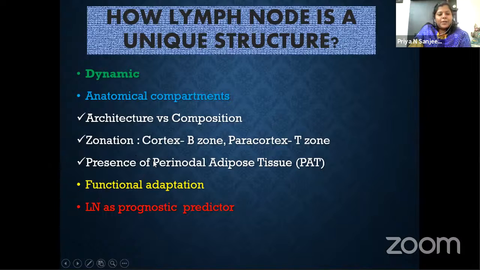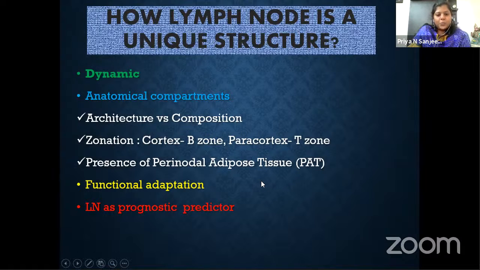There is adipose tissue around the lymph node. Why is that? Is it site specific to a lymph node, or does it enhance the immunity of the lymph node? Let's understand that in a while. Then coming to the functional adaptation of the lymph node: a lymph node responds to an antigen and sets in inflammation.